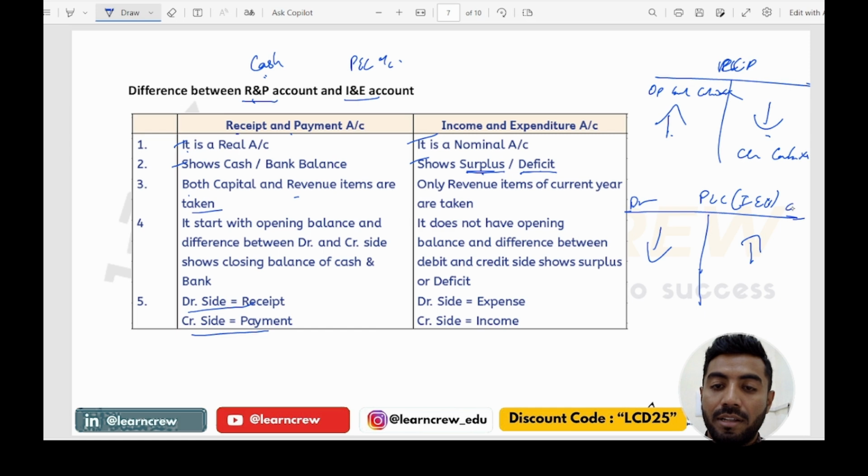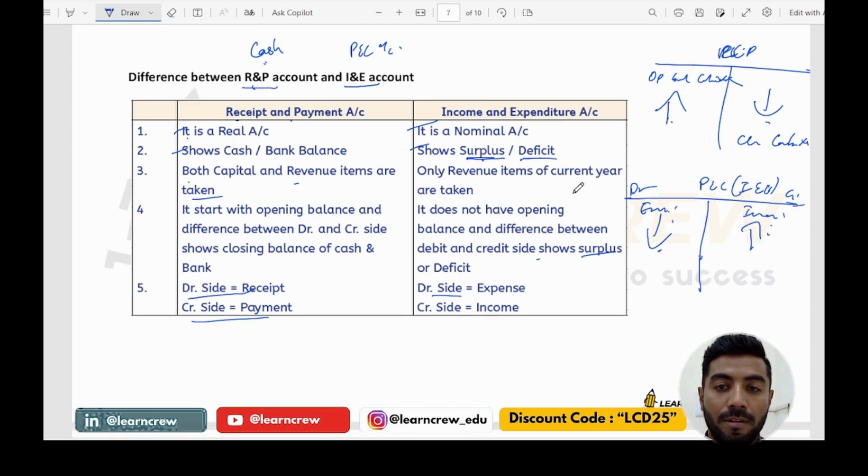The debit side is expenses, and the credit side is income. It does not have an opening balance, and the difference between the debit and credit side shows the surplus. Clear.